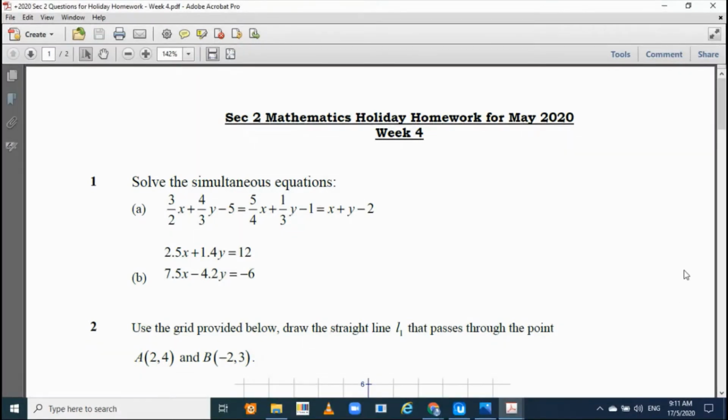Work for the fourth week, holiday homework for week 4.